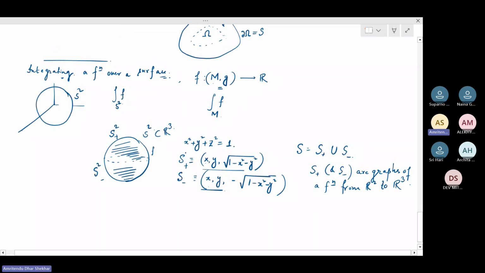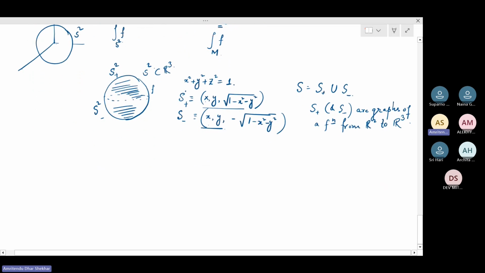Of course, if you want to integrate this function f over S, I'm just going to write S instead of S2. You just understand this is S2 only. But it doesn't have to work for S2, it works for Sn also in general.